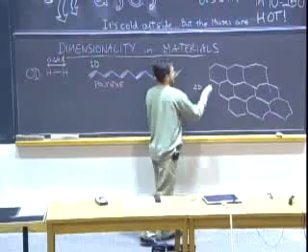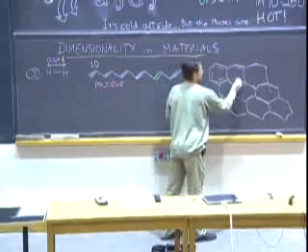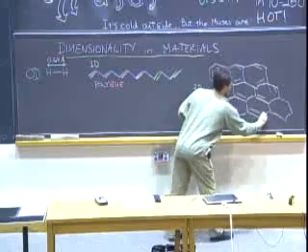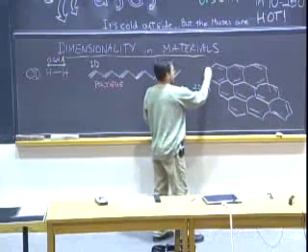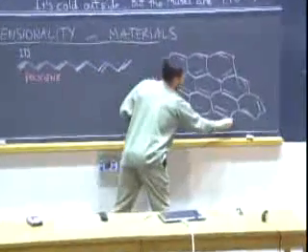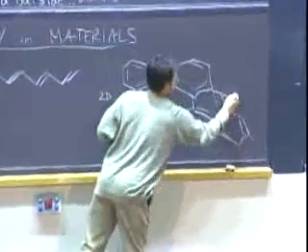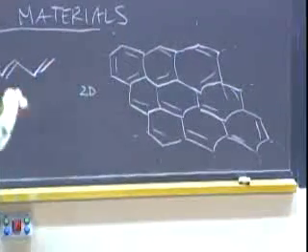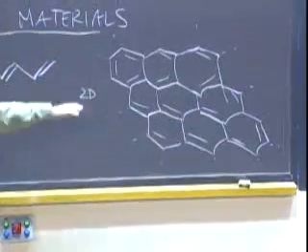I can draw in some of the unsaturation here. Okay, and I don't mean to suggest that this thing stops here. These carbons on the perimeter of the graphite system have bonds, and the structure looks very much like what I've drawn here if you repeat outward, up, down, left, or right.